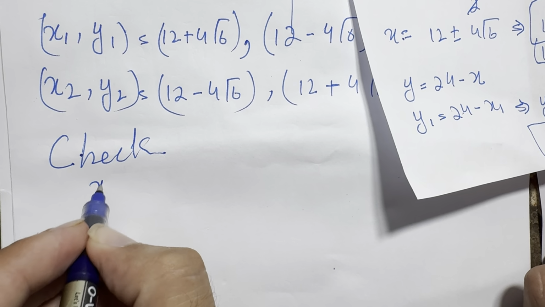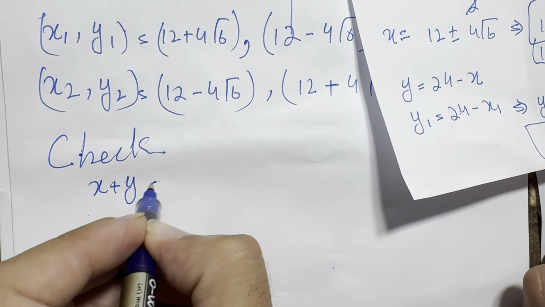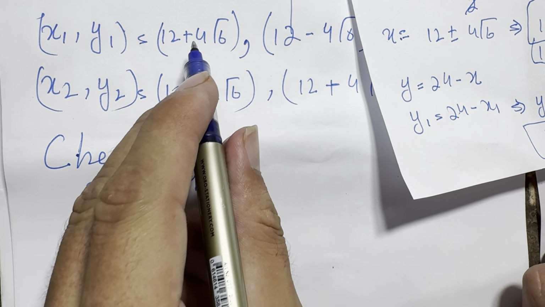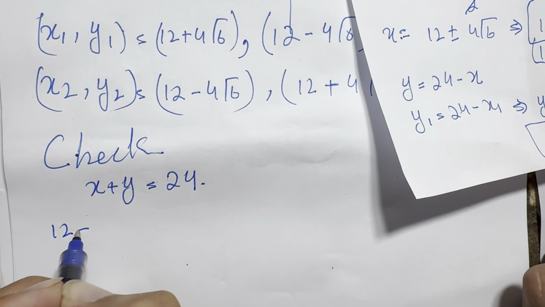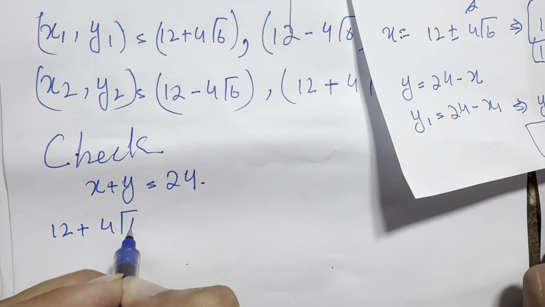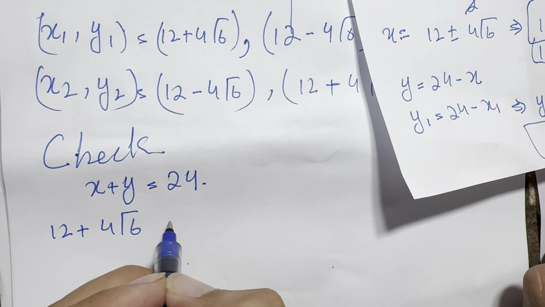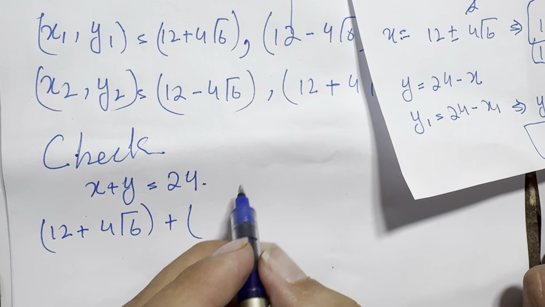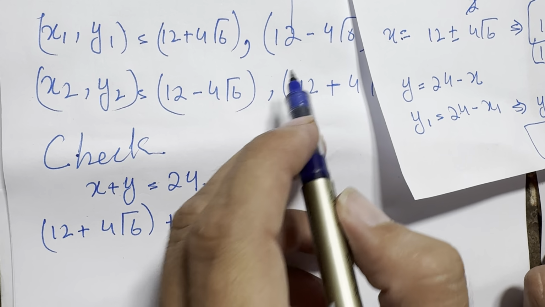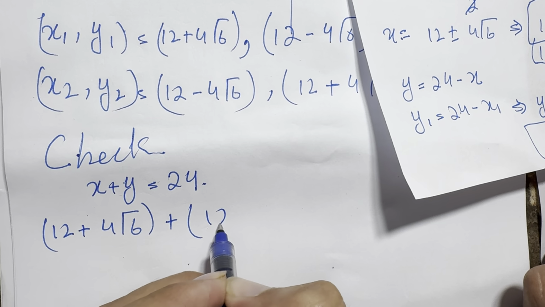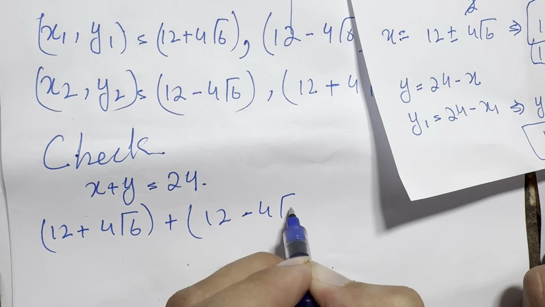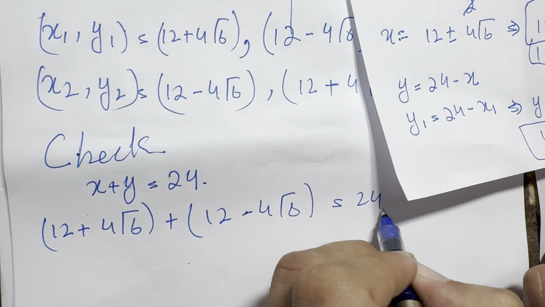So I put the value of x, 12 plus 4 under the root 6, and the value of y, 12 minus 4 under the root 6, equal to 24.